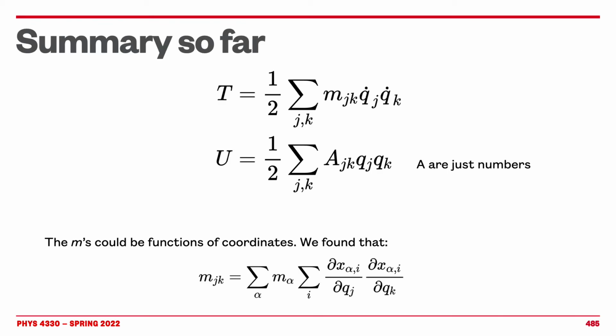If you look at these two expressions for T and U, if the mjk and ajk were diagonal, there would be no term where the two indices j and k would be different, right? Only the j equal k terms would remain. In other words, we would not mix the different coordinates. In other words, we would decouple the system. So we would decouple the generalized coordinates.